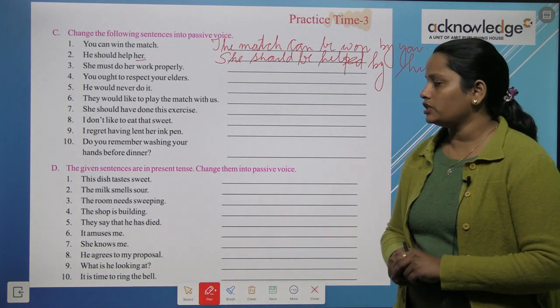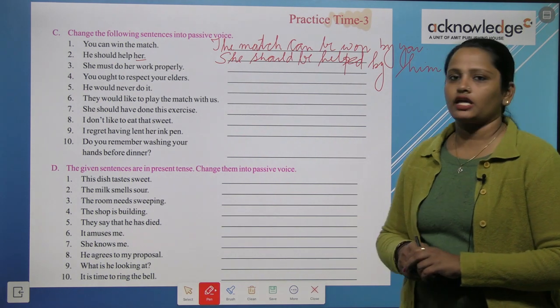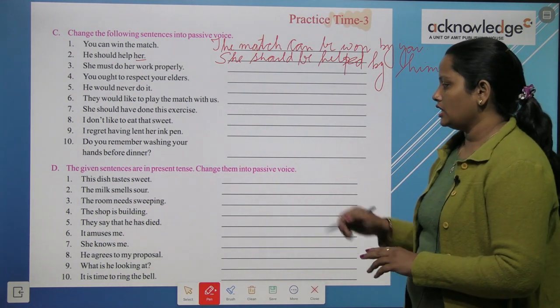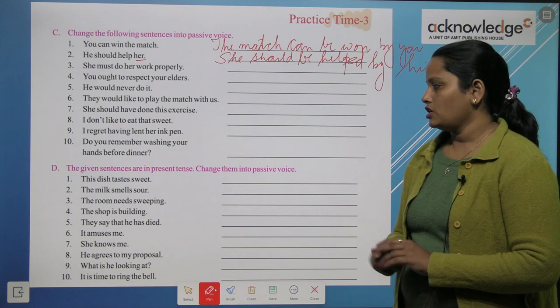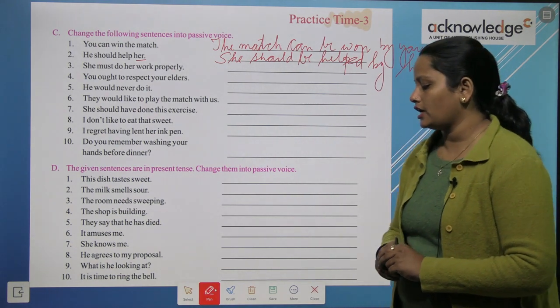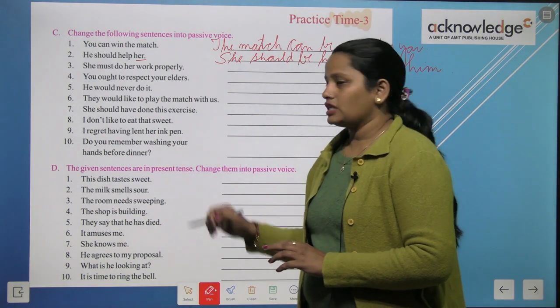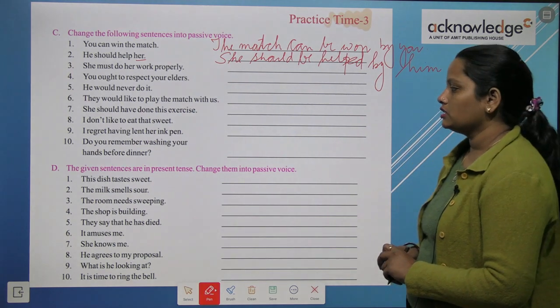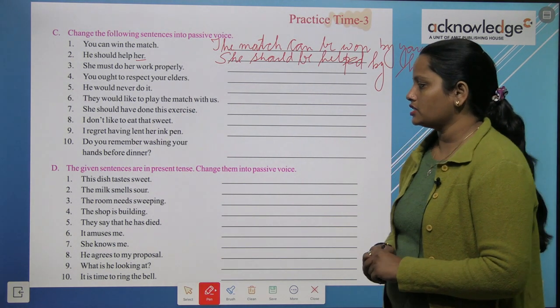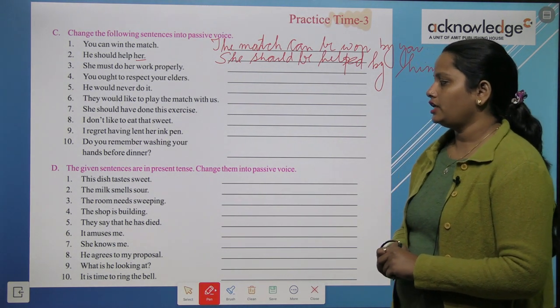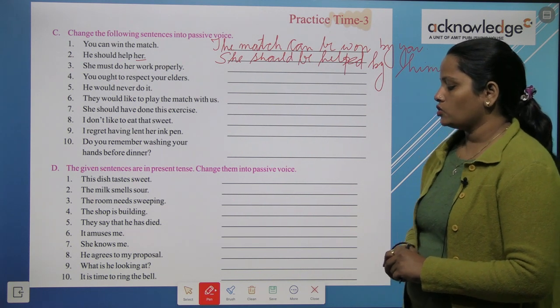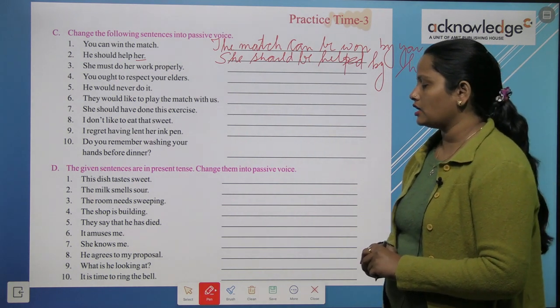Now let's come to the D exercise. The given sentences are in the present tense. Change them into the passive voice. So present tense में sentence दिए गए हैं and इसे हमें passive voice में change करना है. So the first sentence is this dish tastes sweet. So यहाँ पे इसका जो correct answer क्या बनेगा?